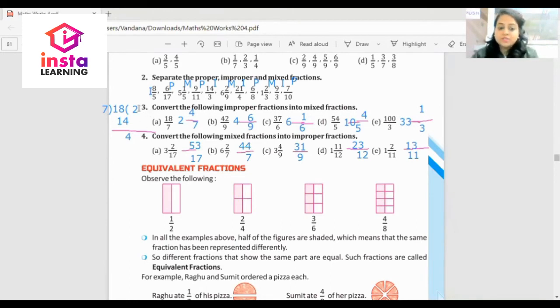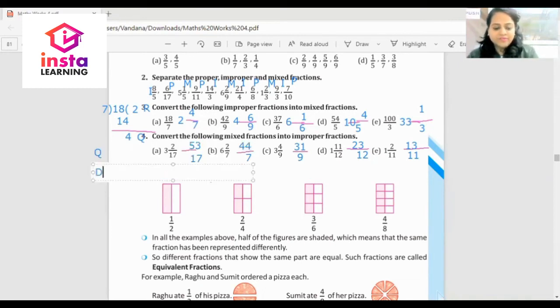The rule of this sum is you write the quotient here, and in the bottom you write D for divisor, and here you write the remainder as the numerator. Okay students, got it? Yes, it's very easy.